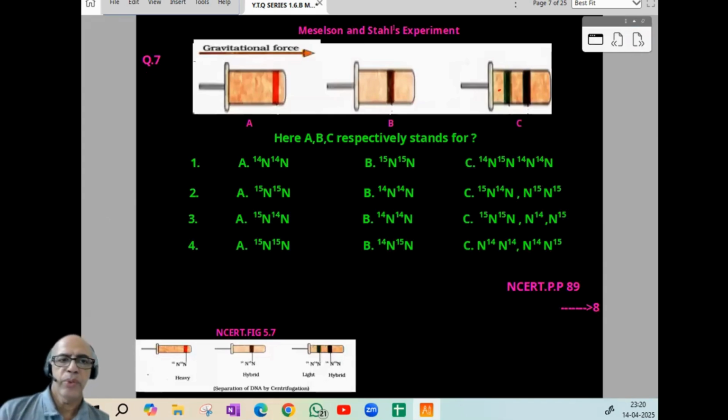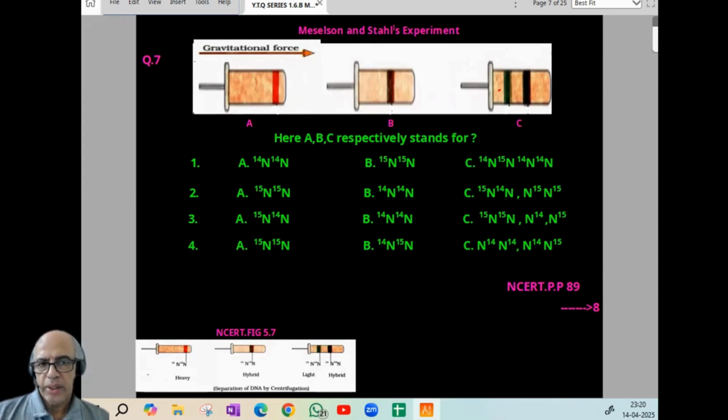When we come to the seventh question, it is the famous Meselson and Stahl's experiment. Here A, B, C respectively stand for what? We know N15 will be at the bottom, heavy. N14 will be at the top, and the hybrid will be intermediate. So A is N15, okay.